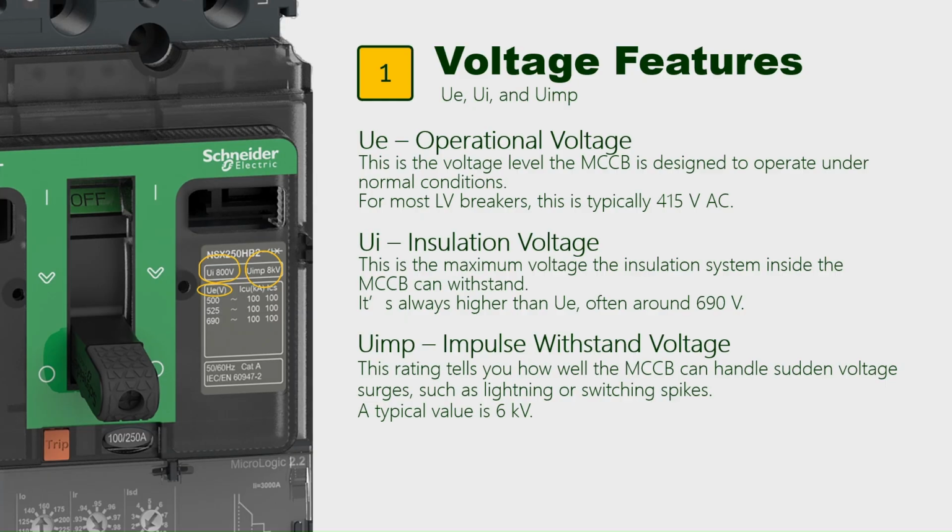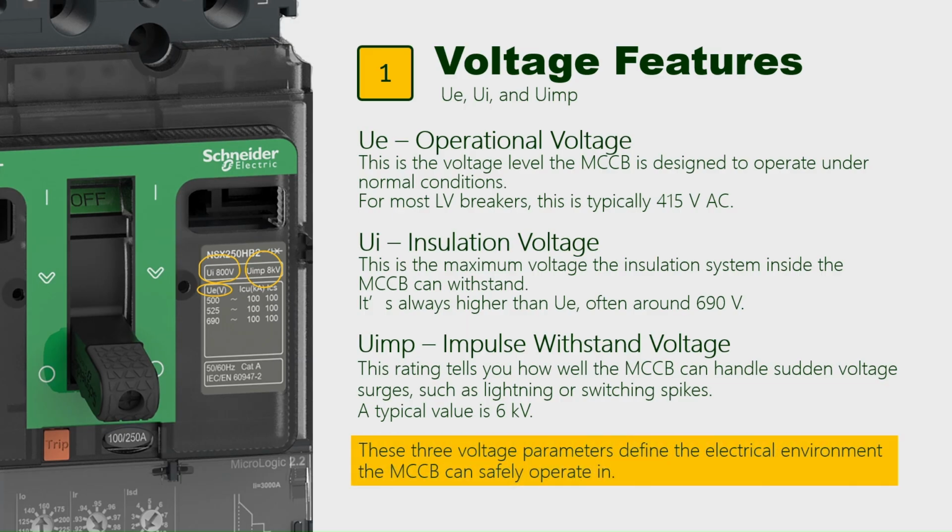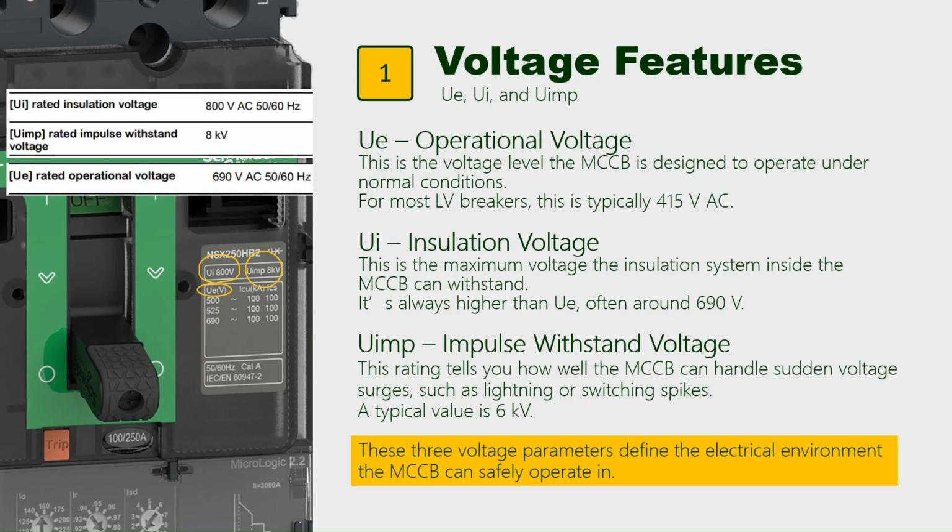Uimp, impulse withstand voltage. This voltage tells you how well the MCCB can handle sudden voltage surges, such as lightning or switching spikes. A typical value is 6 kV or 8 kV. These 3 voltage parameters define the electrical environment the MCCB can safely operate in. You can find them in the datasheet as well.